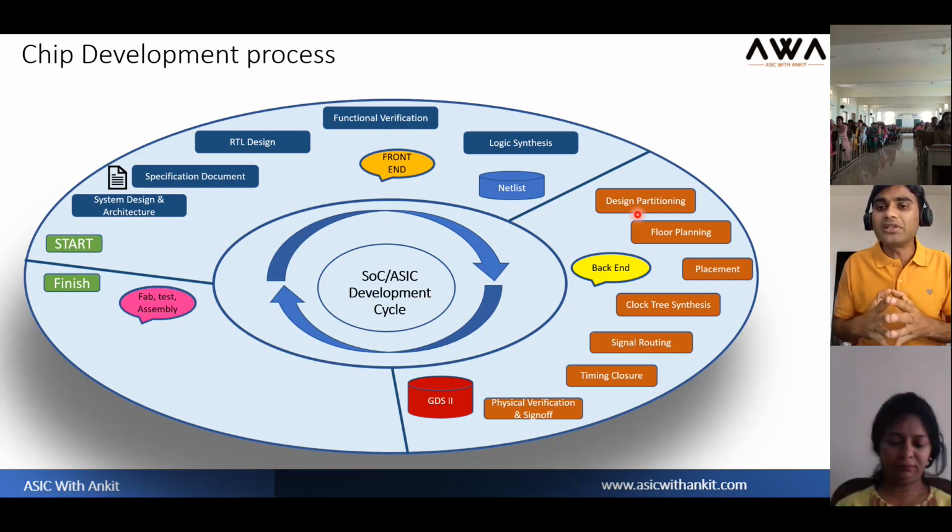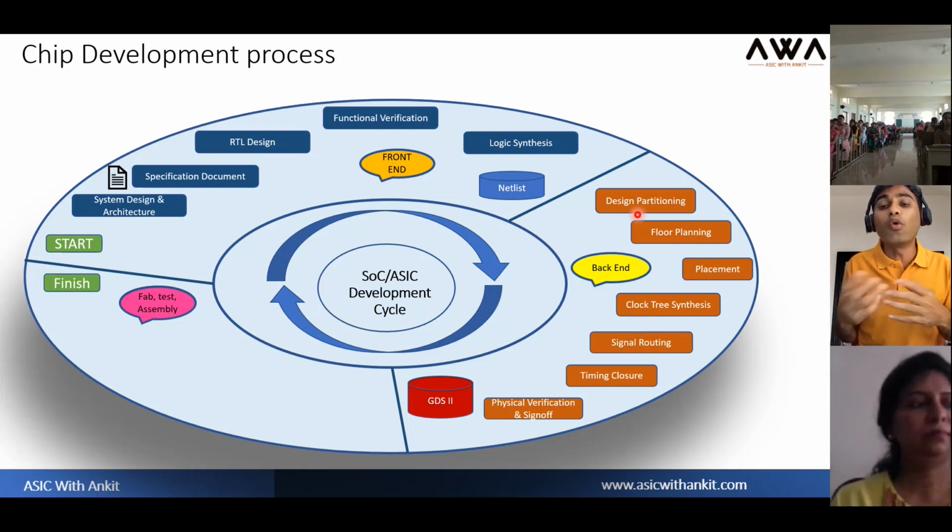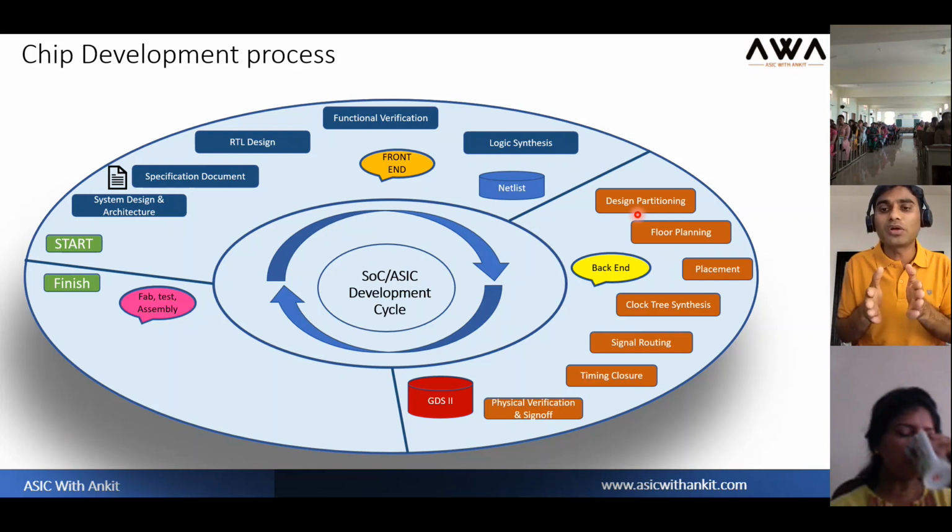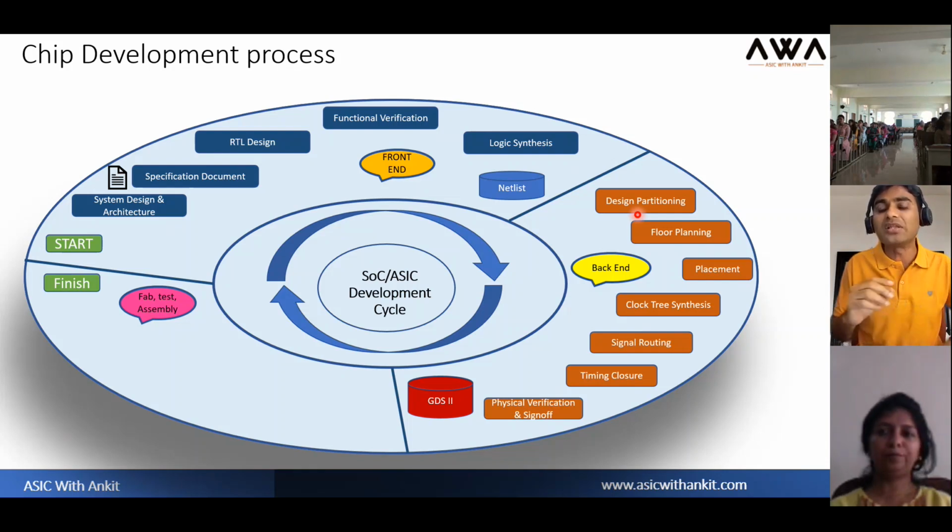Then in design partition, floor planning and placement, we are optimally identifying the blocks which need to stay closer as a part of the architecture. When I say closer, if two blocks communicate with each other more, then we need to make sure those blocks stay closer to each other. That way it consumes less power to transfer data between them, because they're closer and the data doesn't have to traverse a long distance.